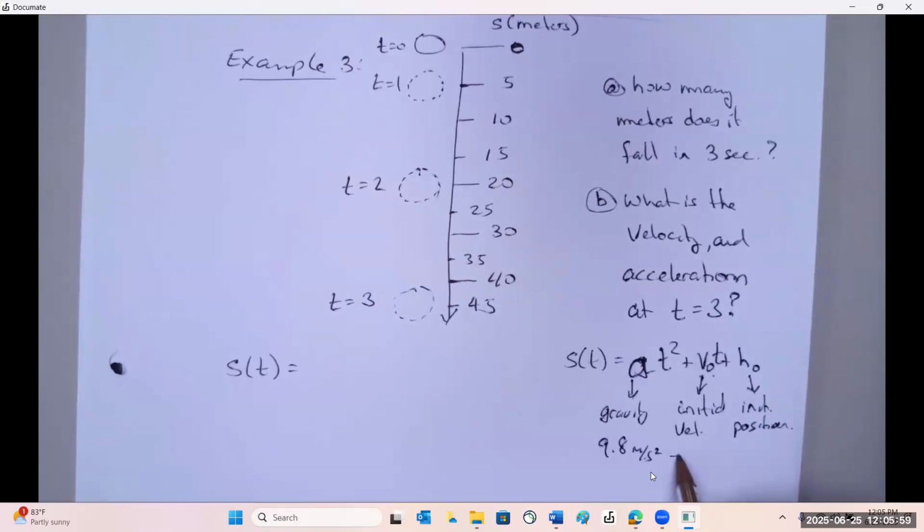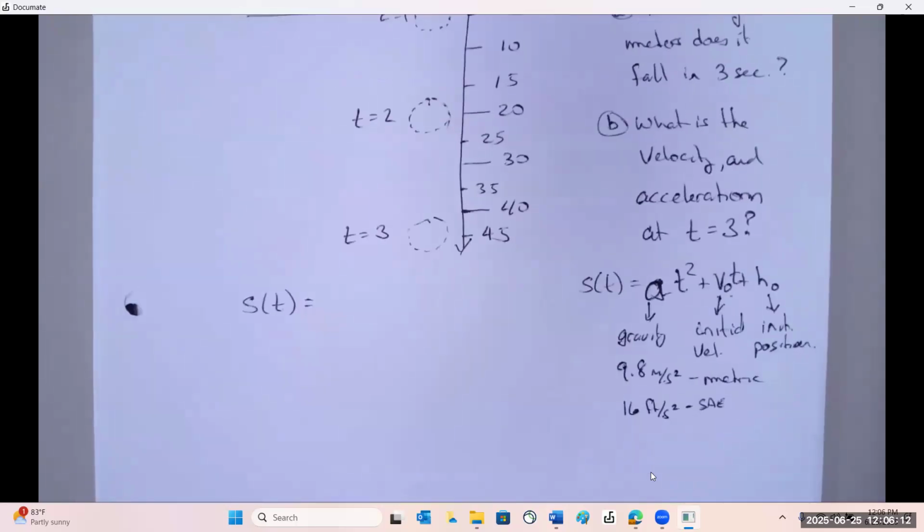That's metric. If we use the SAE, we have to use something like 16 feet per second squared. So that's the big difference.